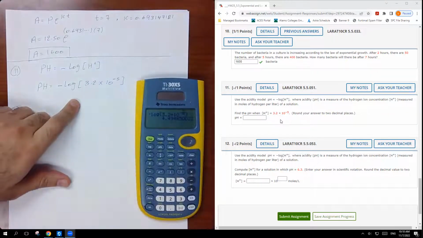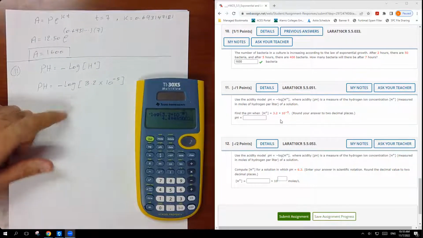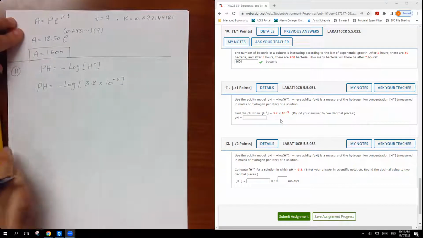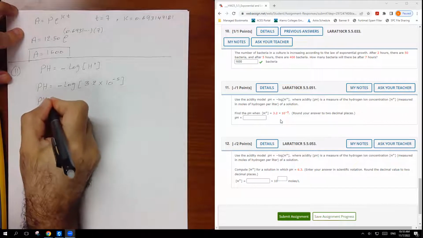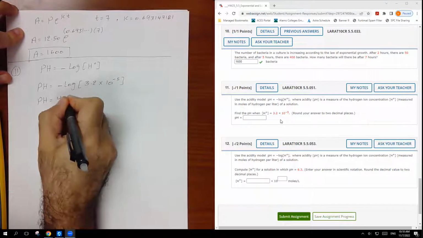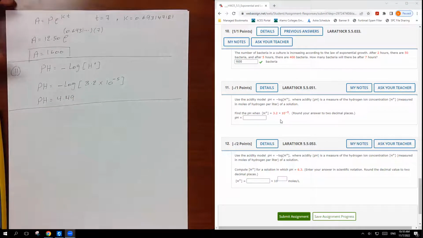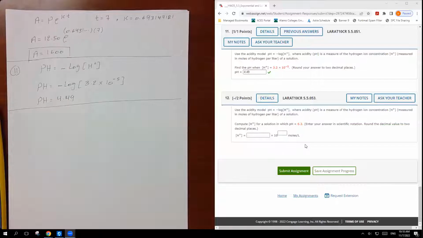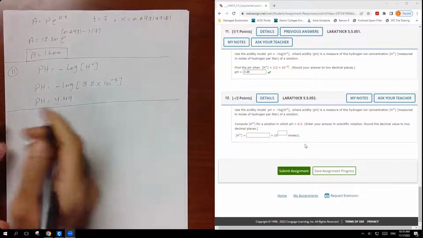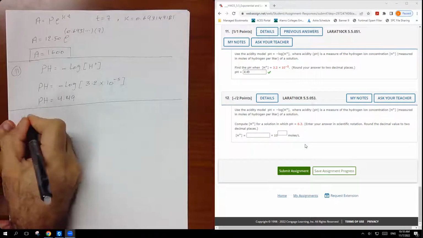They ask you to round to 2 decimal places, so it's 4.49. That means pH in this case is going to be 4.49. That's it for this example. We're just going to type here 4.49. We got it right.